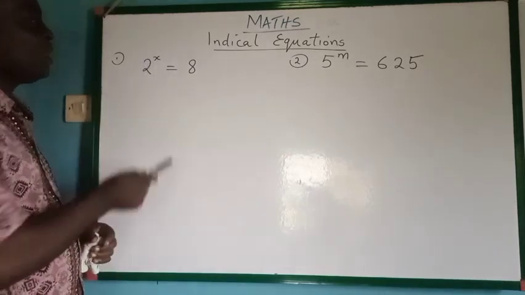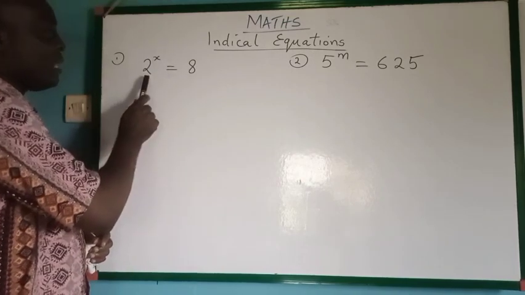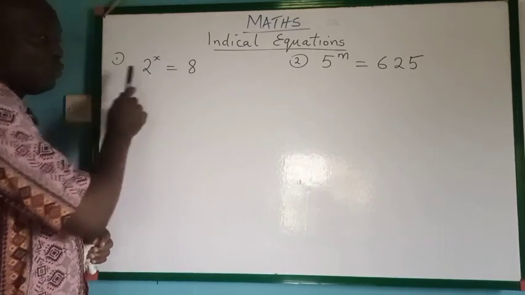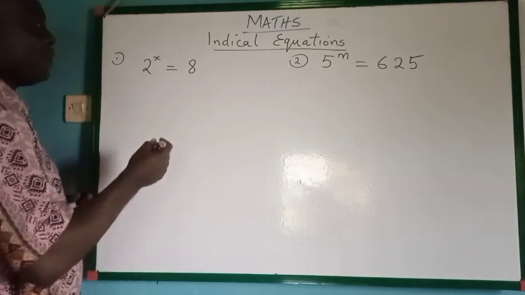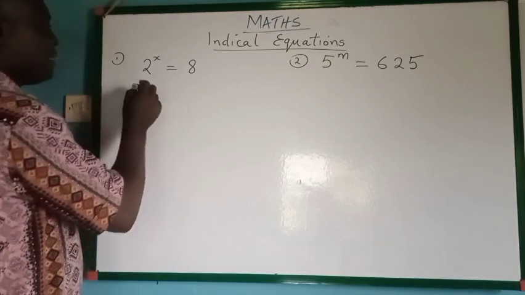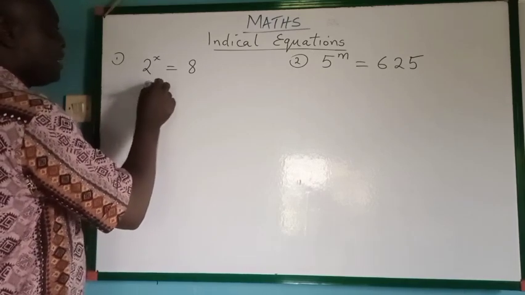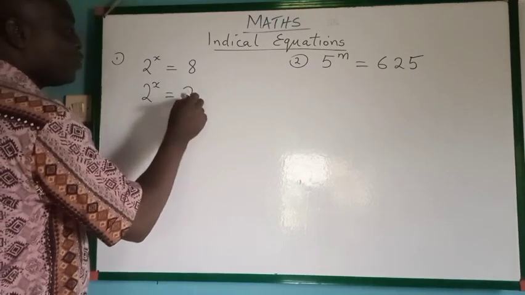Let us see if we can express it to have the same base number or the same foundation number as 2, which is on the left hand side. If we look at the ones we have been dealing with in our previous classes, we can say that this 2 raised to power x is equal to 8, which is equivalent to 2 raised to power 3.